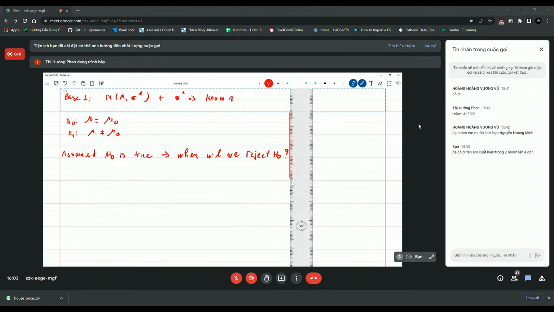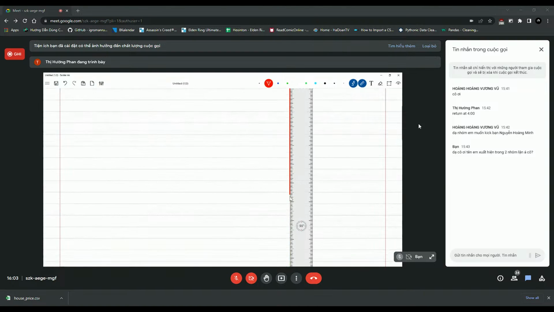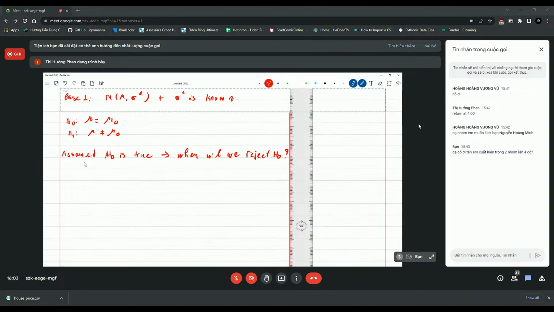Construct the hypothesis testing equivalent to answer the question: when should we reject H0? We're looking for the criteria that can tell us when we reject H0 and when we won't reject H0.